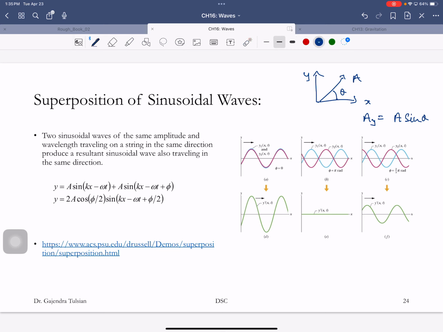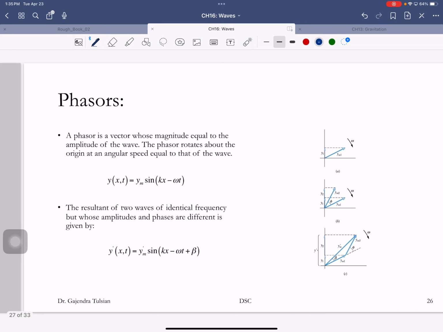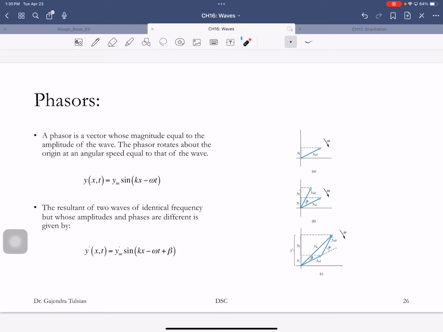So let's say you want to add a whole bunch of them. Again, we're only adding kx minus omega t and so on. Here's the trick. You take one phasor, a second phasor, and here's the sum of them.